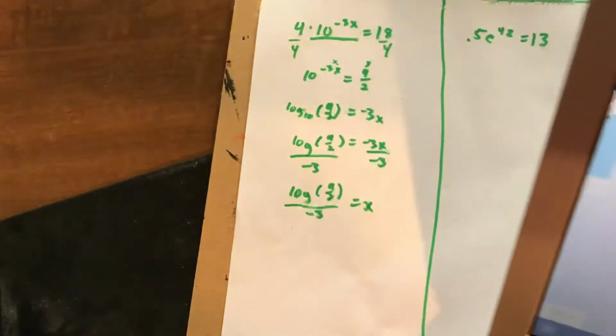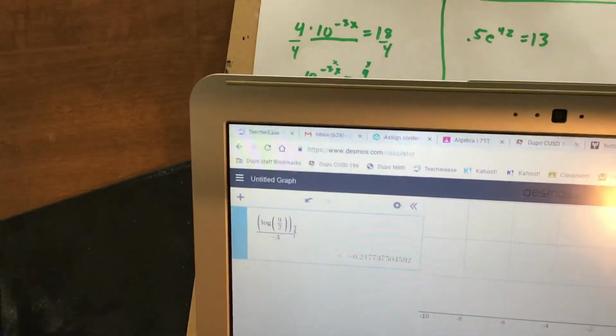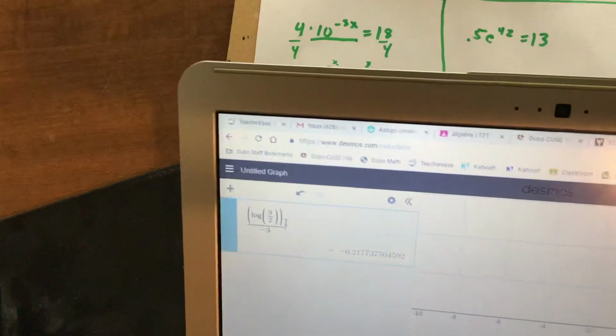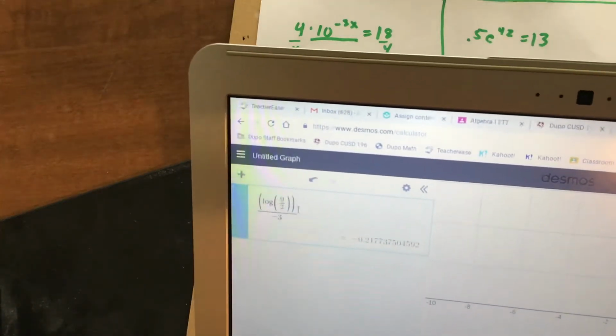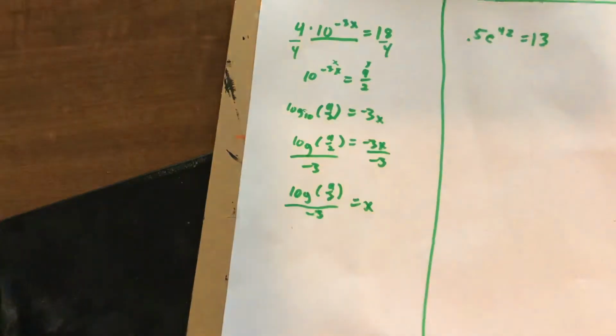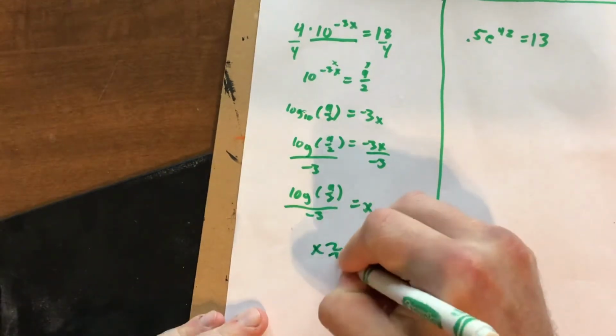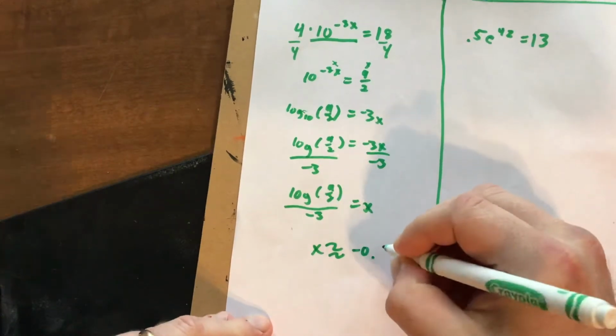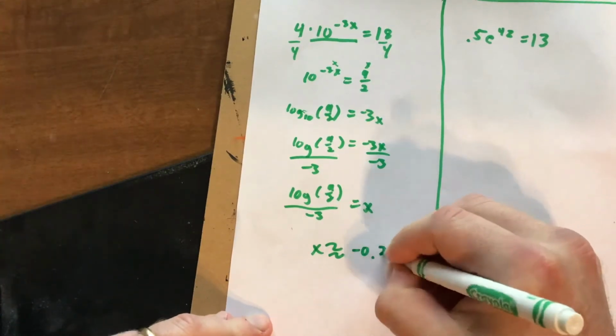So it says that's negative 0.217. I forget how many decimal places they wanted, but rule of thumb, 3 is probably good enough. So x is approximately negative 0.217.